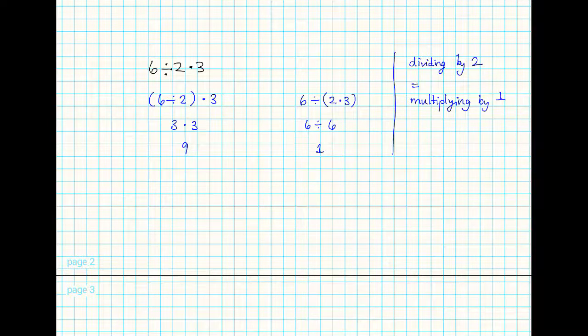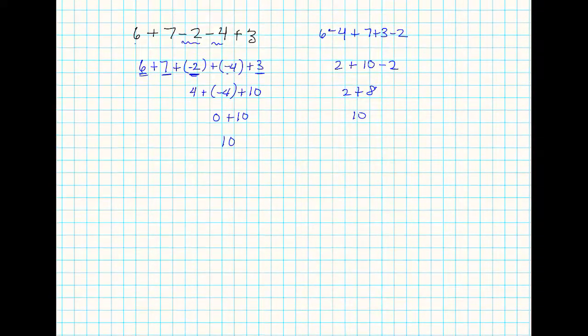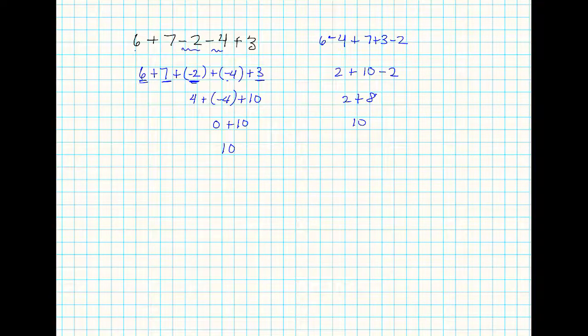The reciprocal of 2. So I can rewrite that expression as 6 times 1/2 times 3, very much in the same way that I could write this subtraction as addition by the opposite.